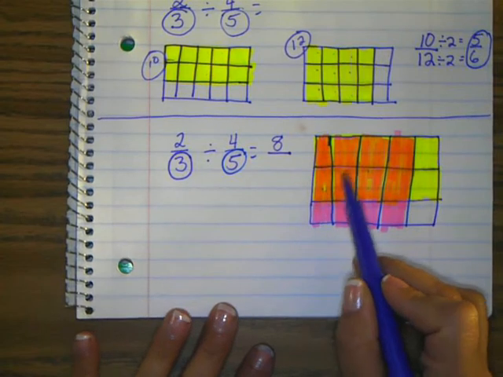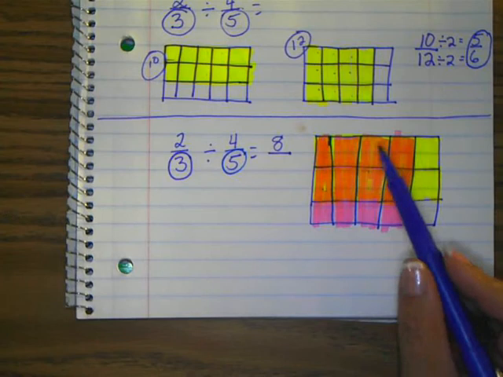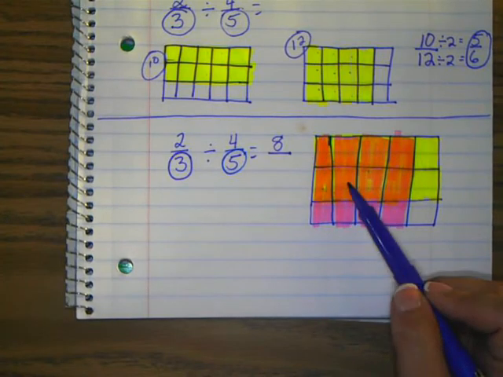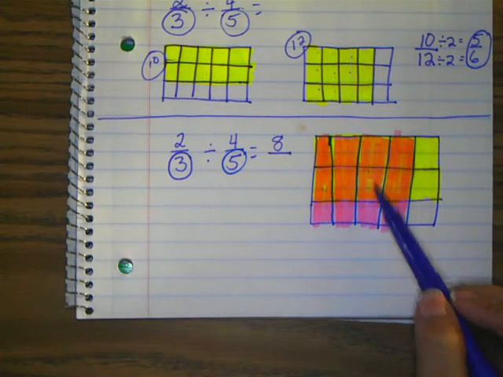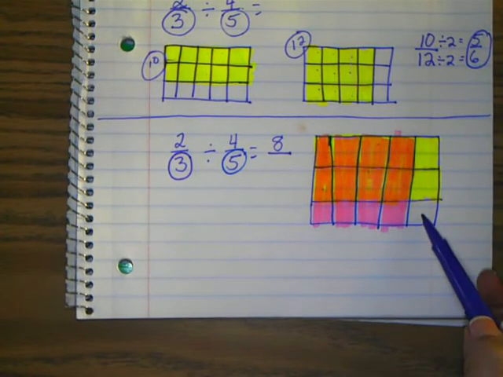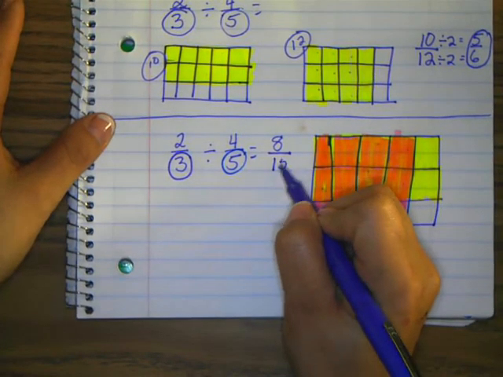So 8 is my numerator, because I have 8 that are double shaded out of a total of 1, 2, 3, 4, 5, 6, 7, 8, 9, 10, 11, 12, 13, 14, 15. 8/15.